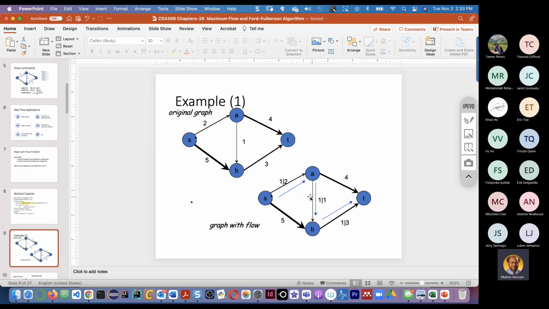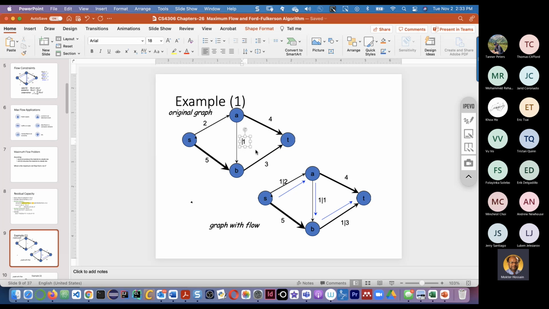So this middle one can pass only 1 unit. Actually we need to start from S. So S to A to B to T, what is the minimum capacity that will be ensured? 1 unit, right? Even though it can pass 2 units, it cannot pass more than 1 unit.